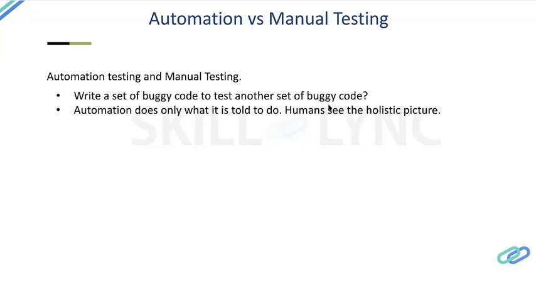It would not take into account the jitter that a user might see. For example, there is the animation which runs at this point for a smooth transition. The automation would not see that, whereas a manual tester could. So these are points in favor of manual testing.